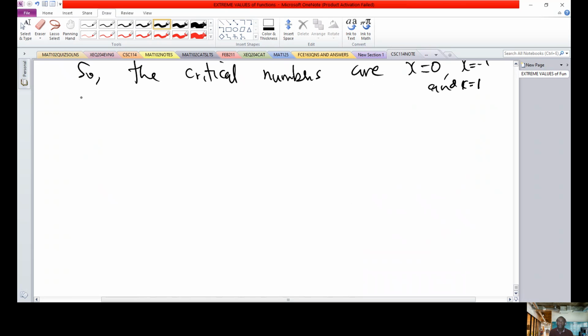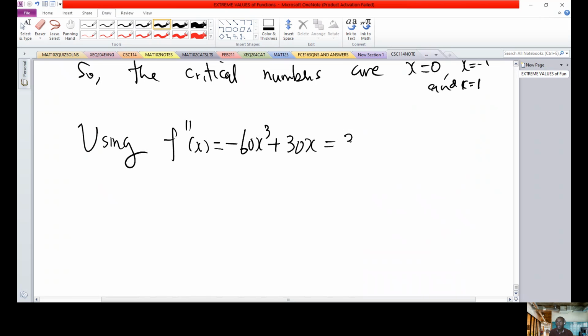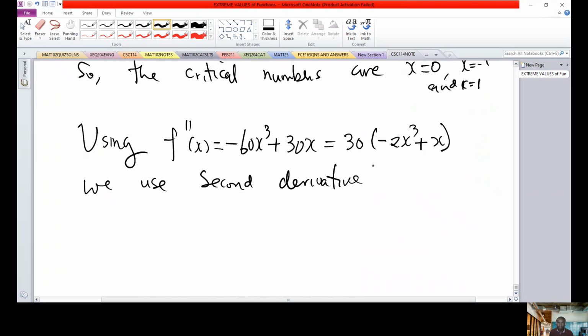So using the second derivative, which is minus 60x power 3 plus 30x, which is 30 into minus 2x cubed plus x, we use the second derivative test to find relative extrema.